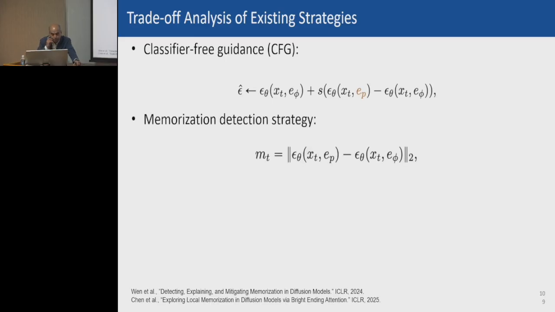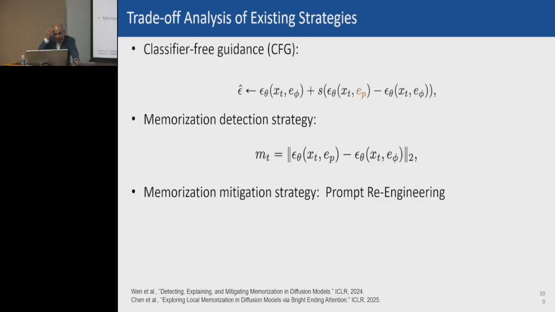Memorization detection studies, as we talked about, basically imply this: we look at the estimate of noise with a prompt and null prompt, and the prompt re-engineering, as we talked about, will do that. It will get a new embedding of a new prompt to fix this by minimizing this error.